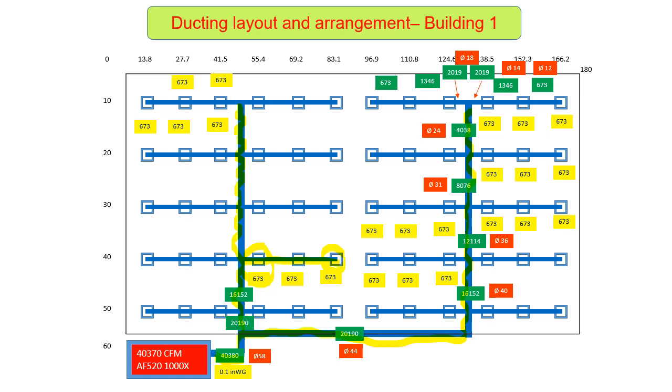Okay, as the duct goes farther away from the AHU, then you can see here the CFM is reduced.